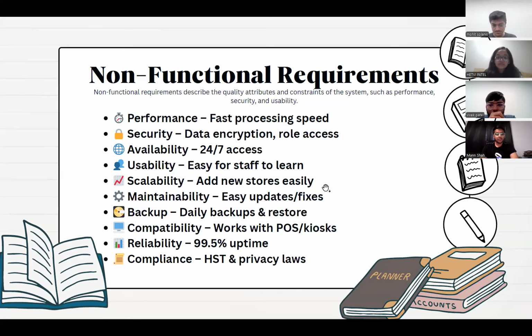The system should be scalable, able to handle a 50% increase in users during peak shopping periods, and maintainable, allowing updates with minimal downtime. By defining these requirements clearly, we make sure the final system not only works but also delivers a smooth and safe experience for customers, staff, and managers. Lastly, compliance is a feature where HST and privacy laws are handled in these requirements.